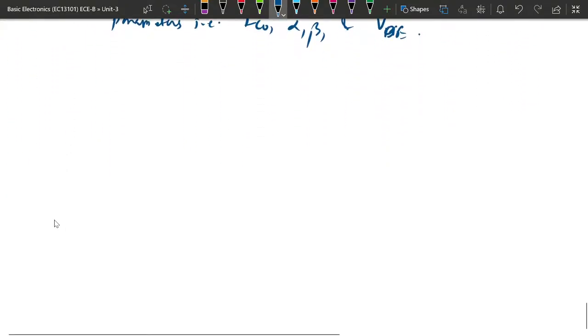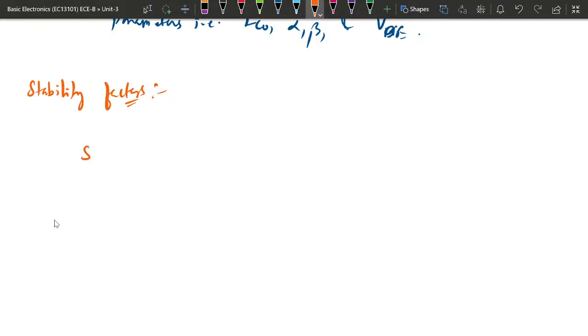So based on these variations, there are some stability factors that are defined for the BJTs. Okay, so basically we are seeing stability factor.